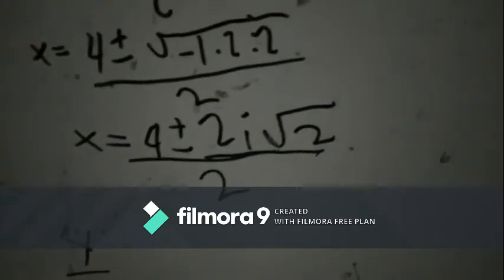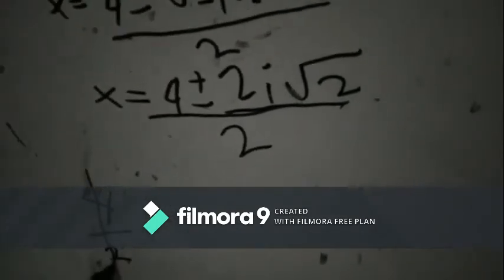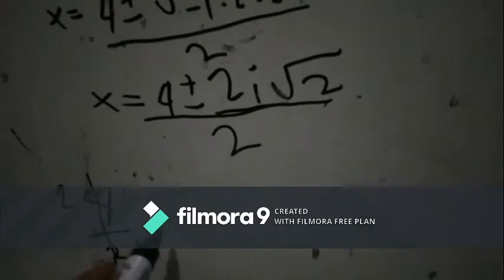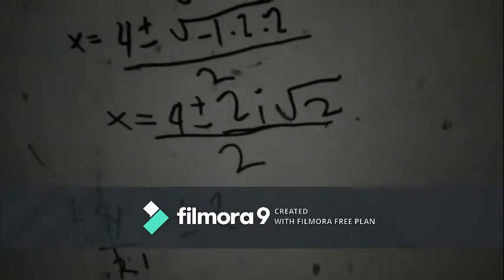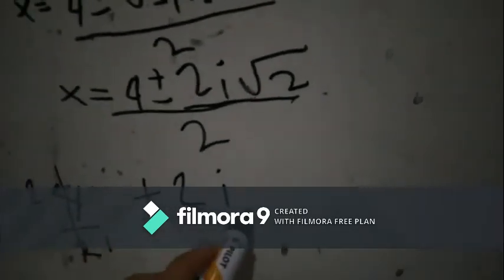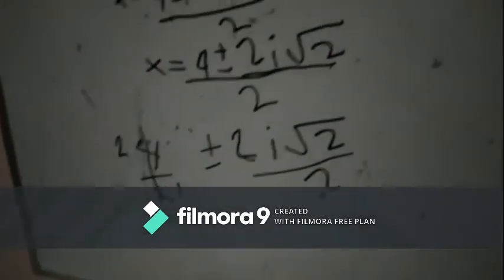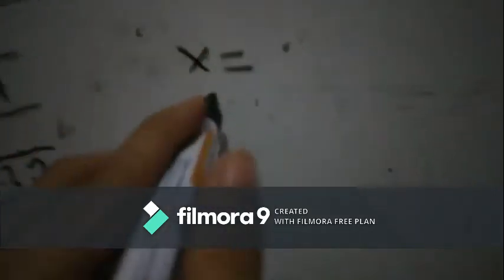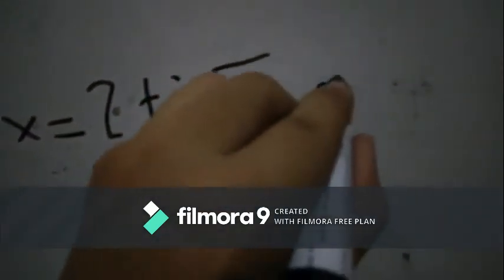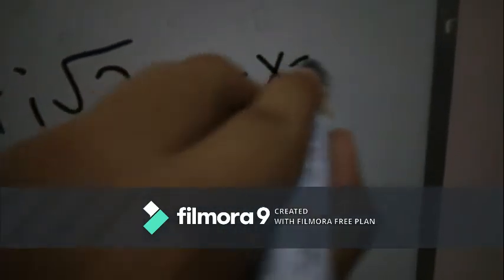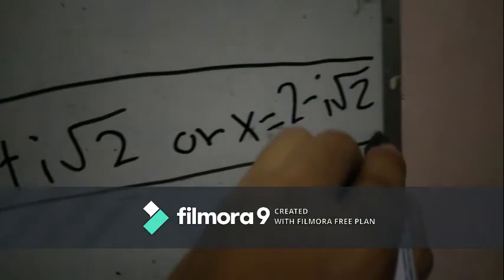No, it will become 2, and then 1 plus minus 2 here, and then i, 2 over 2. Then our final answer will be x equals 2 plus 2i, or x equals 2 minus 2i. Then that will be our final answer.